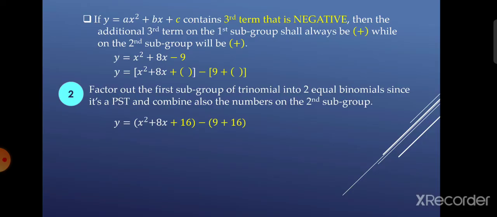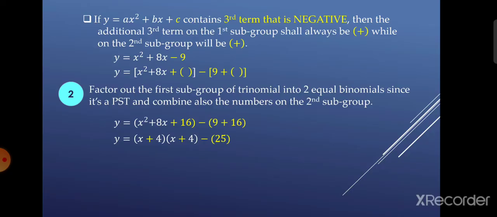Why 16? Because half of the middle term 8 is 4, and the square of 4 is 16. So plus 16. Whatever you add to the first subgroup, you also add plus 16 to the second subgroup. Understood? Okay. Next, we will also combine the numbers on the second subgroup.